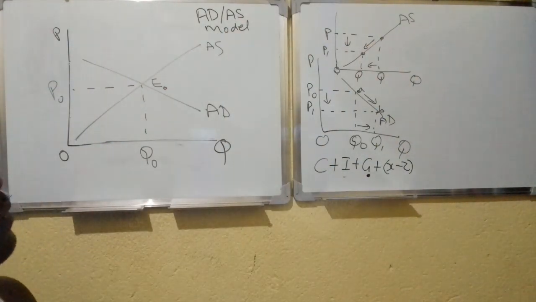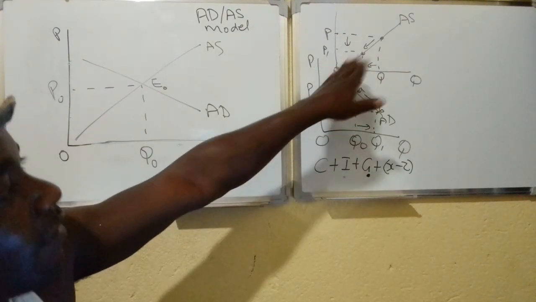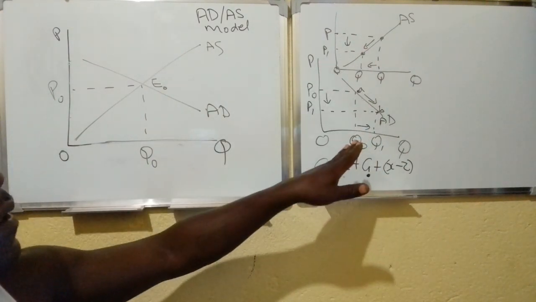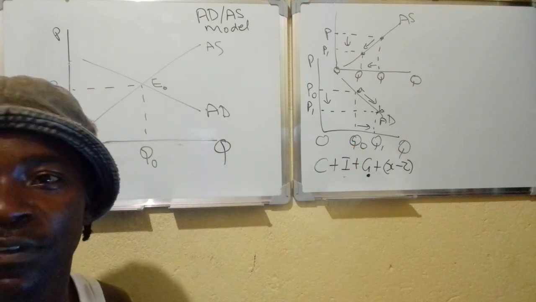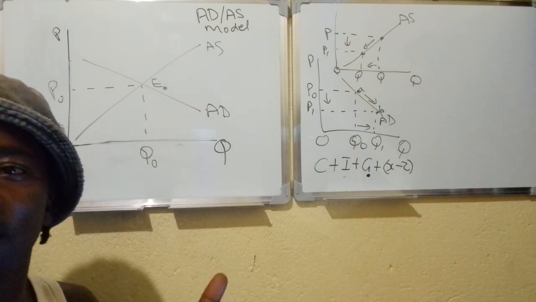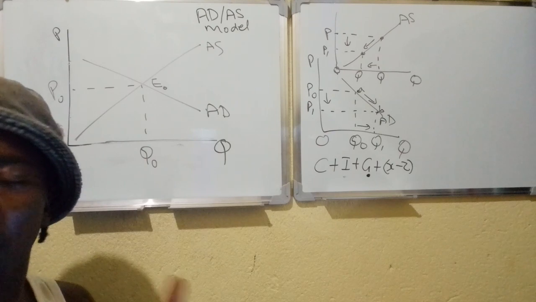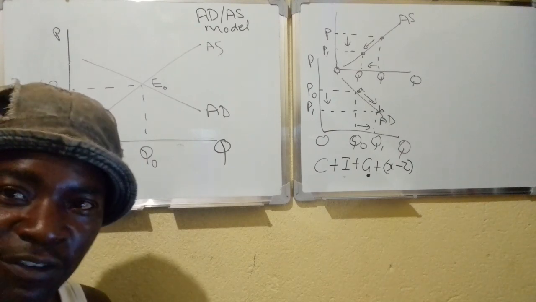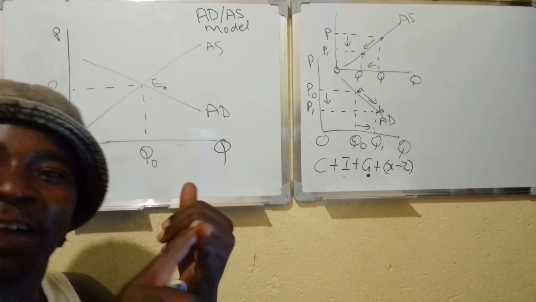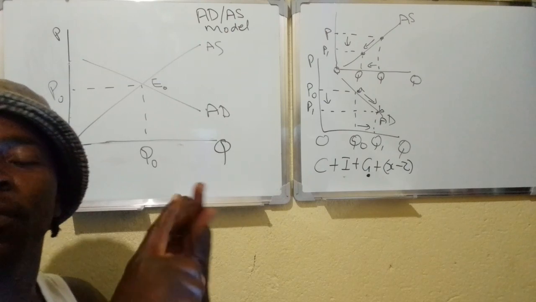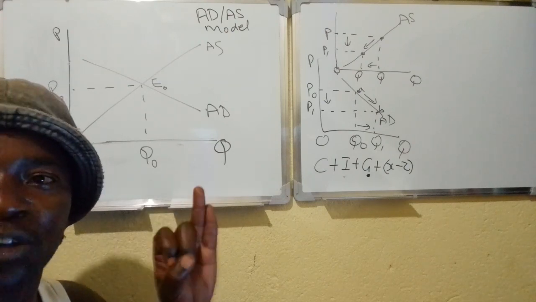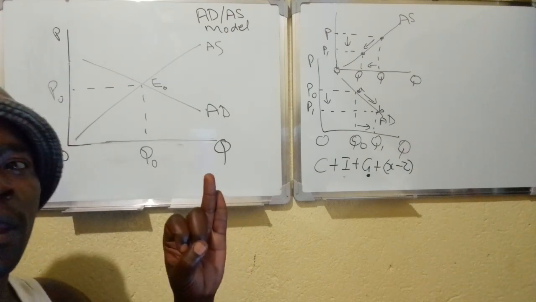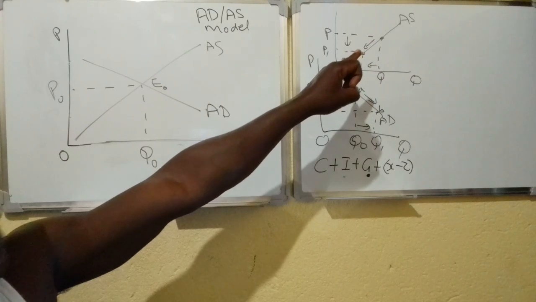Okay? Now, any other factor that affects supply, actually the same inputs in the production process, your raw materials, whatever, the same inputs in the production process, their availability and their productivity, how productive they are, two things, has an effect on the aggregate supply.